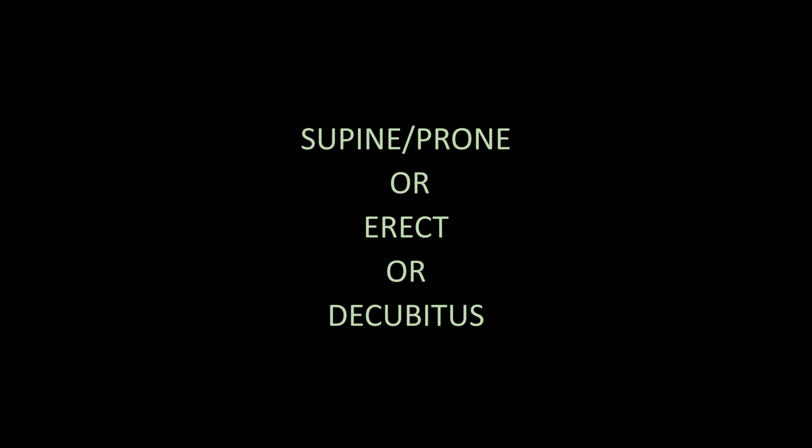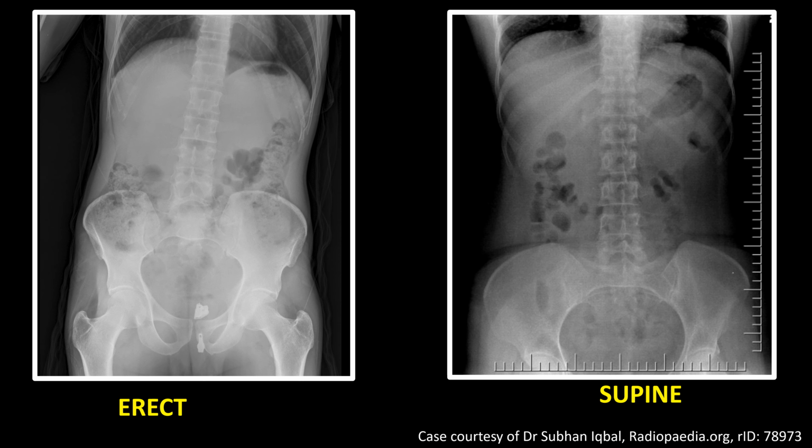Posture of the patient. Generally, abdominal X-rays are taken in supine position, as you can see in this image, and sometimes to investigate air in the peritoneal cavity, it is taken in erect or decubitus position.